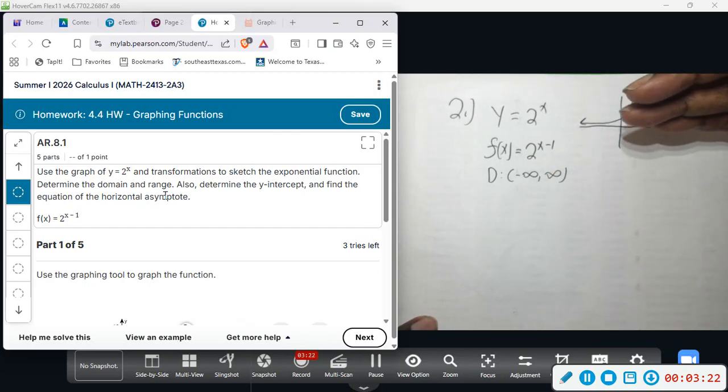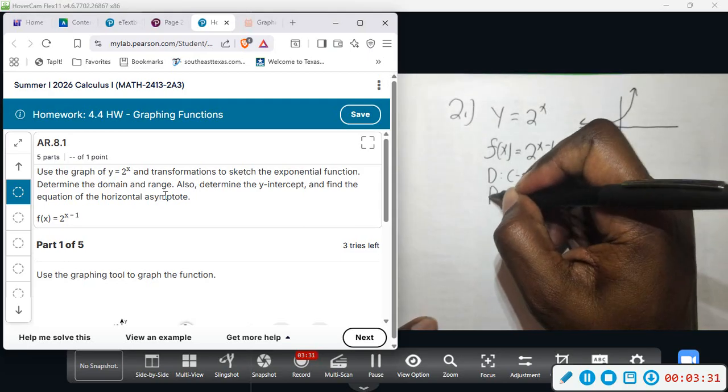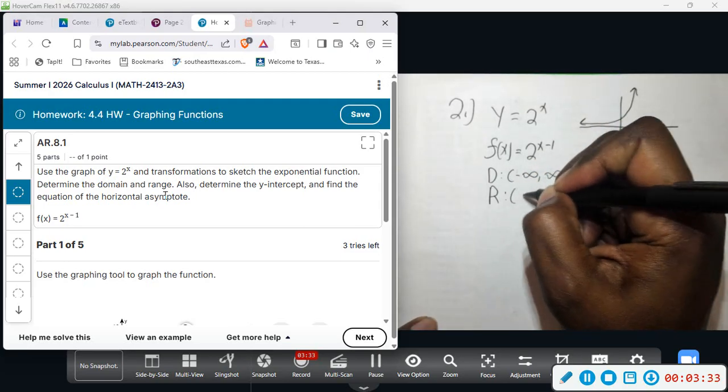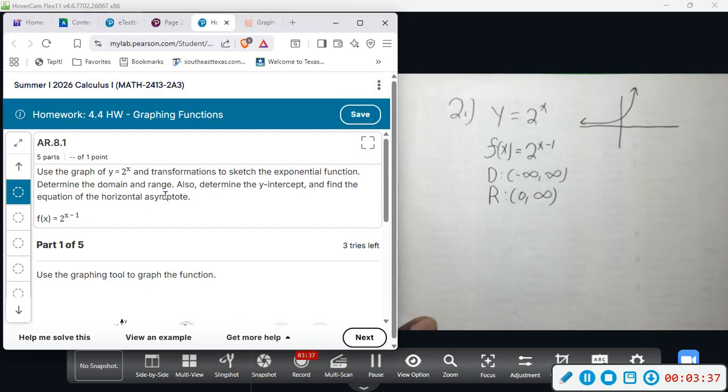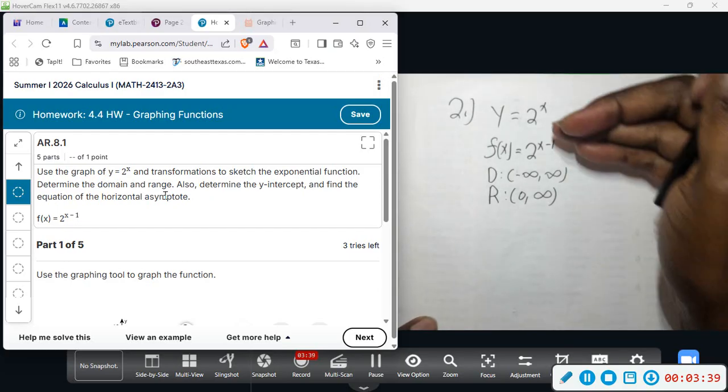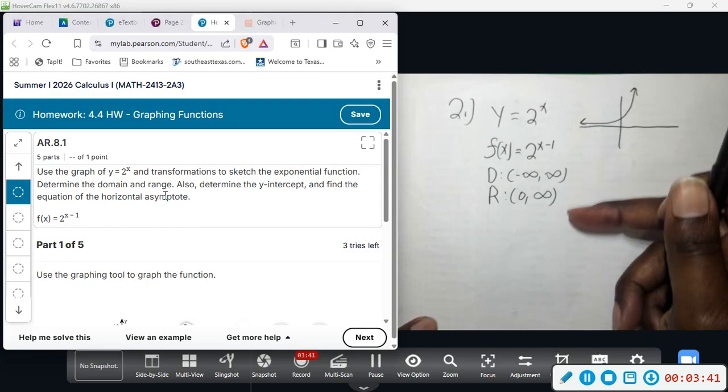The range still goes from 0 to infinity. There's no flip across the x-axis. So our range is still 0 to positive infinity.